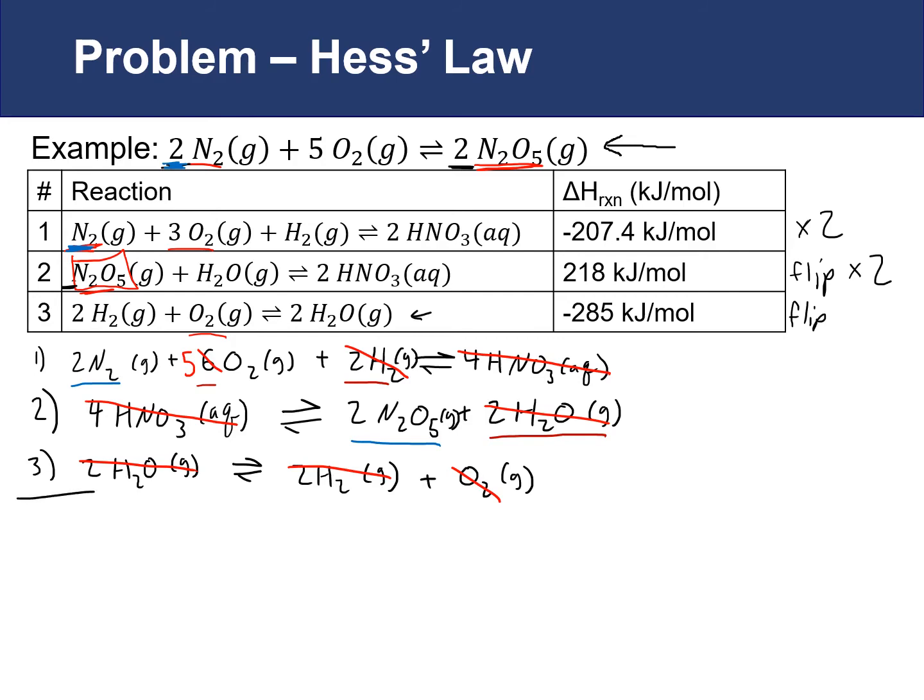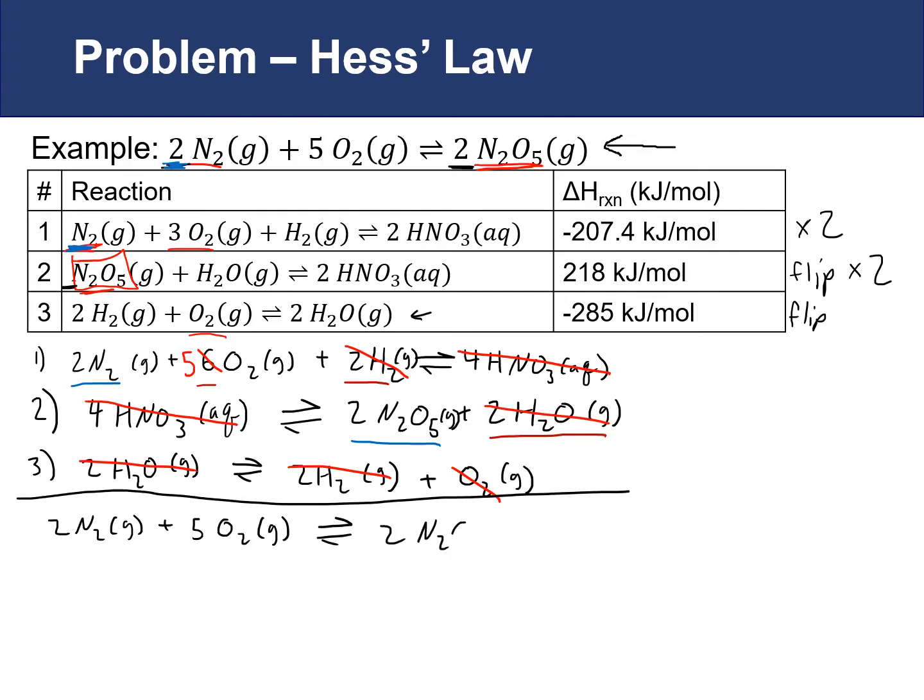So if I add everything together that's left, I get 2N2 as a gas plus 5O2 as a gas goes to give 2N2O5 as a gas.